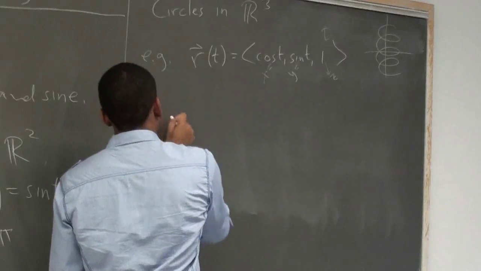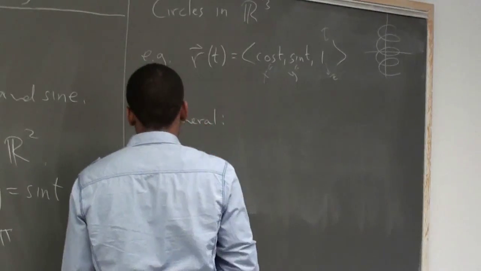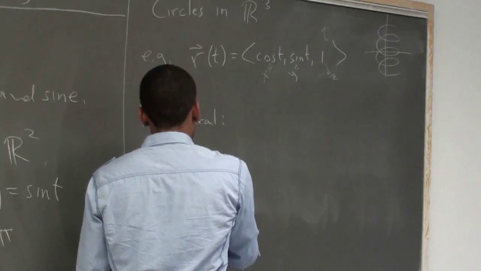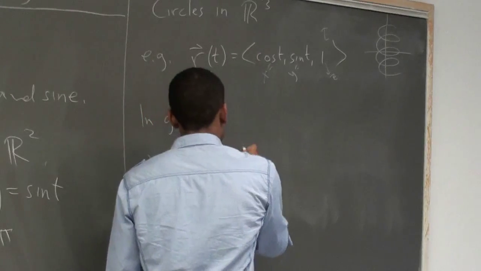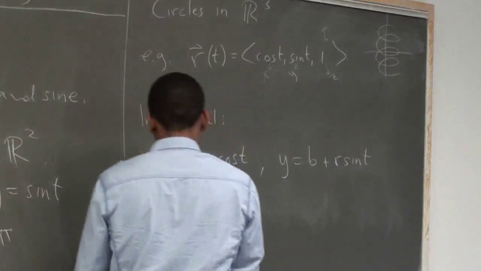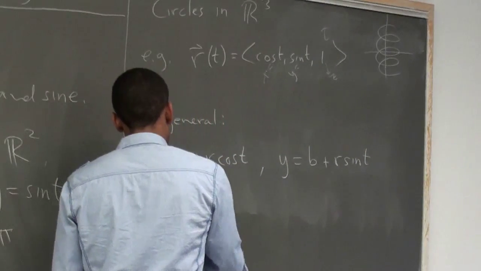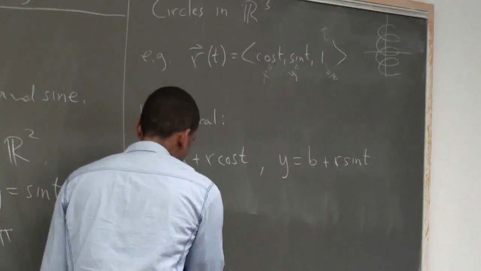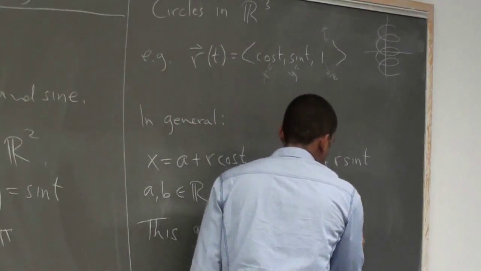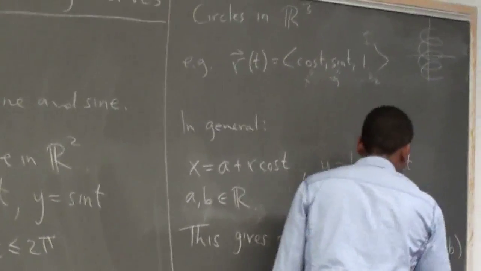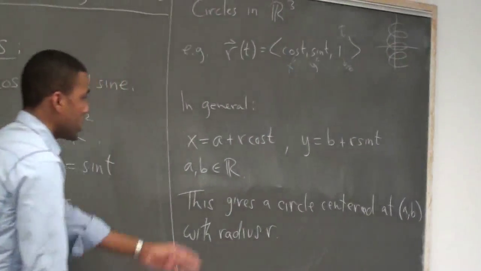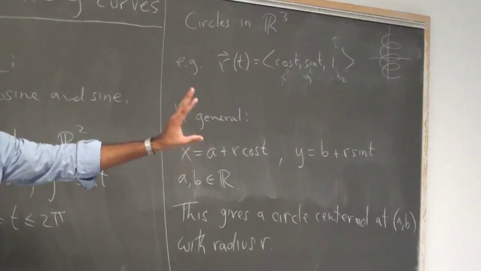So in general, if you have x equal to a plus... if you see any expressions like these with sines and cosines, odds are we're talking about a circle.